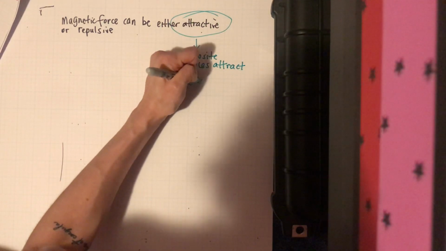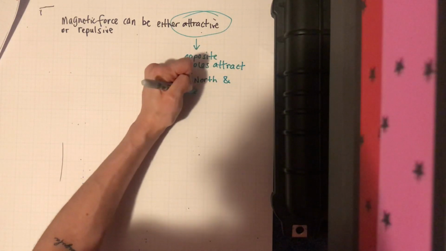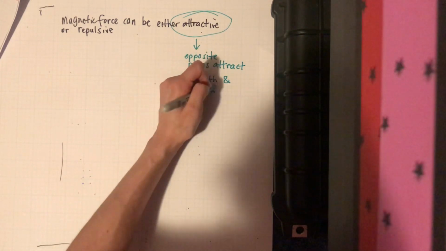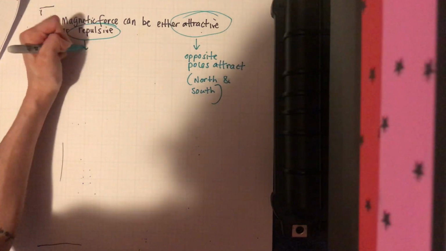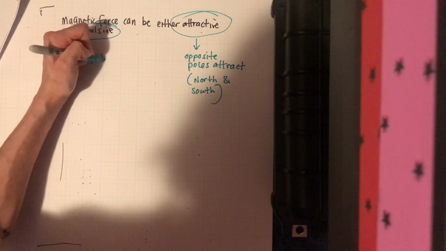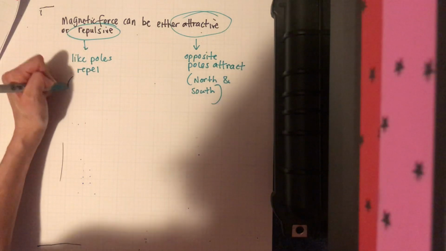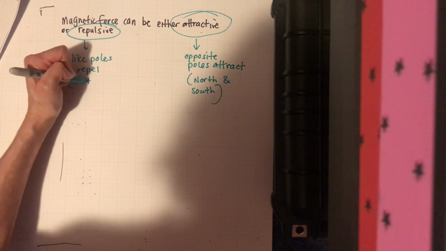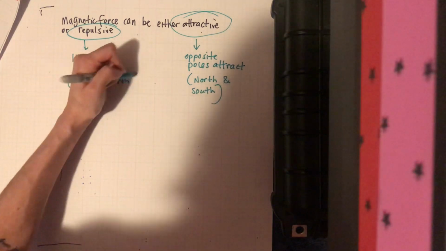So north is attracted to south. And it will be repulsive when we have like poles. So like poles repel. In other words, north and north, or south and south.